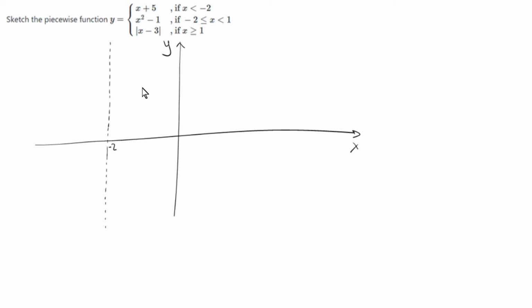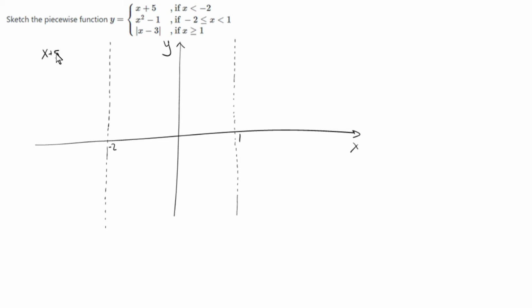And the next one is going to be between -2 and x equals 1. So here x equals 1, and then the third one is going to be when x is greater than 1.